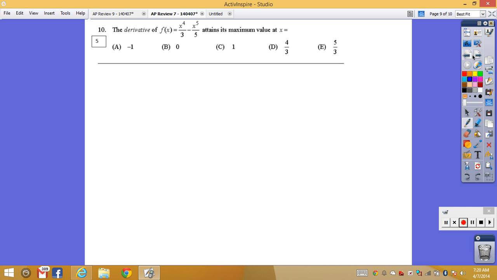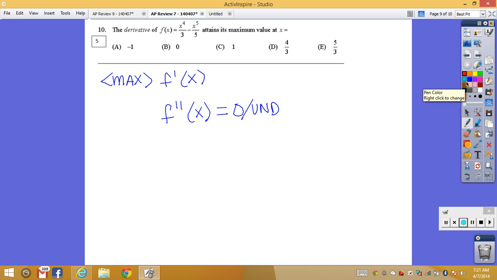and complete the problem. The derivative attains its max at, so I want to find the maximum of the derivative, which means to solve this, I would need the derivative of the derivative, set equal to 0, undefined. And that's pretty much how many people get this problem wrong, because if you don't follow my steps of identifying the function that they're asking you to optimize or maximize or minimize, you'll end up taking the derivative of the wrong function.